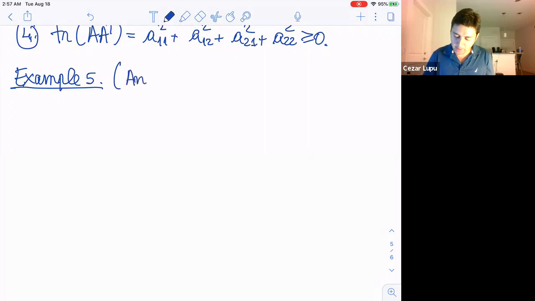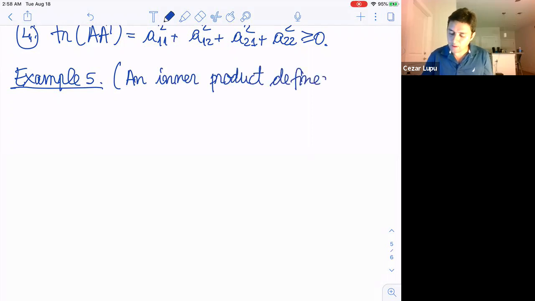An inner product space. An inner product defined on the space of continuous functions.